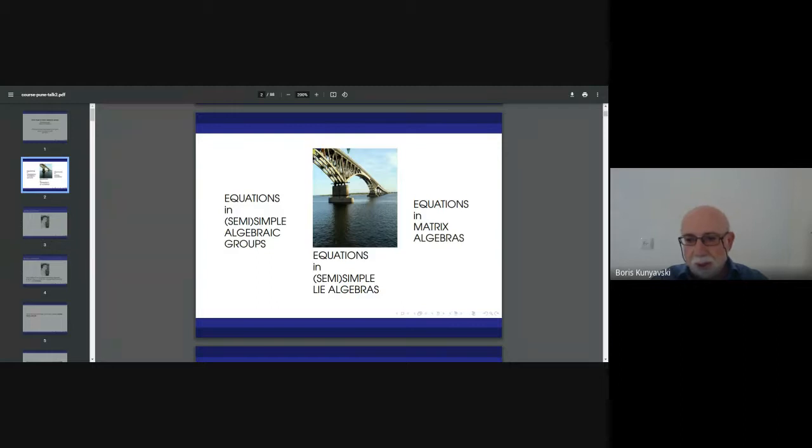Bridge has only two sides, but here I need another one, an auxiliary side if you wish. I want to consider equations in Lie algebras. In our case, in semi-simple Lie algebras. Or to make life easier, we restrict our attention to simple algebraic groups and simple Lie algebras.